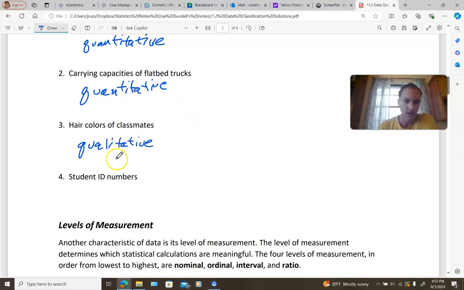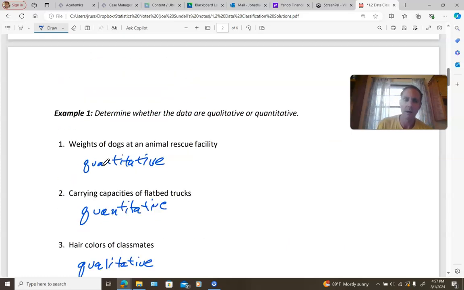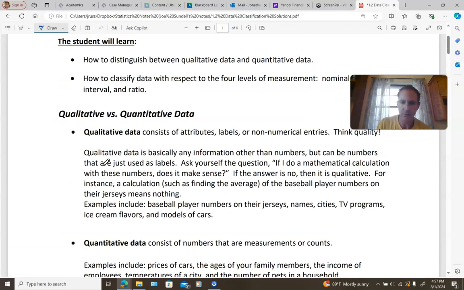And then finally, student ID numbers. Now you would think, well, these are numbers, so it's got to be quantitative, but it's not. Like I mentioned earlier, these are basically attributes or labels. These just define who the specific student is. Sort of like the baseball player's jersey number.